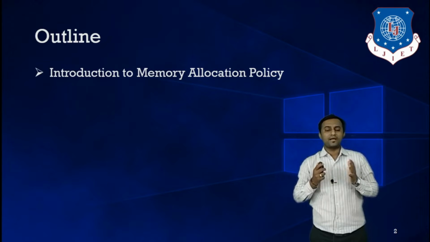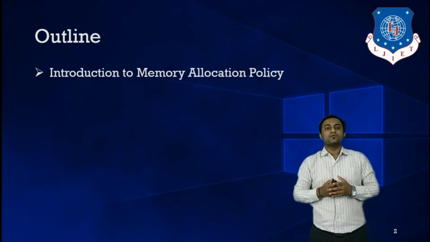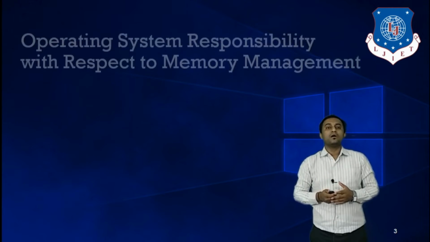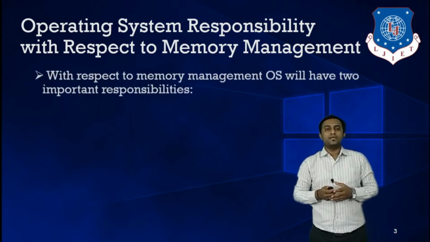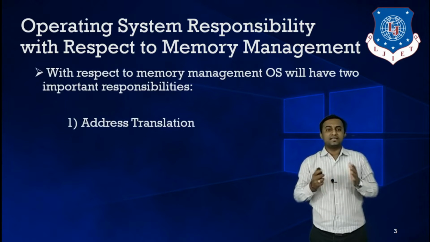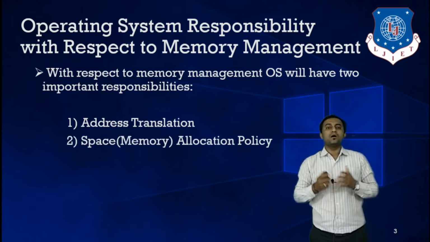So by considering that memory hierarchy comes into the picture, we need to understand the concept of memory allocation policy. So let us start memory allocation policy. But before that, the operating system's responsibilities with respect to memory management are address translation and memory allocation policy, or we can say space allocation policy.